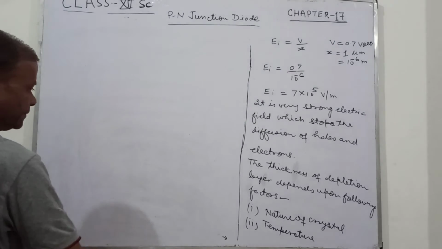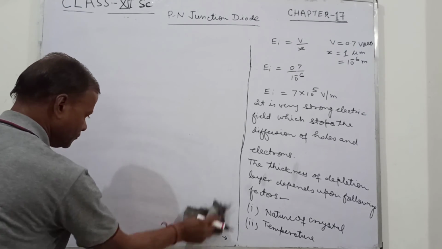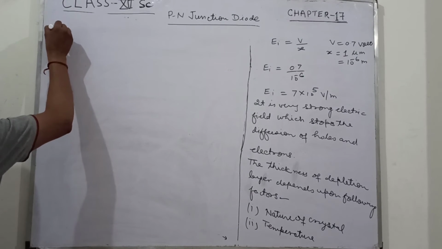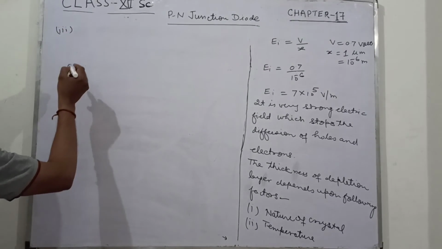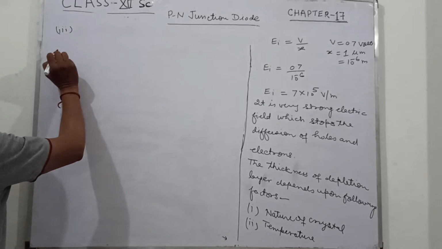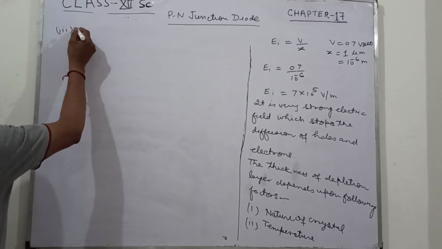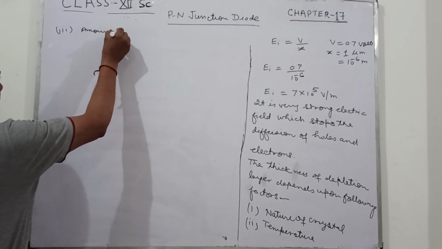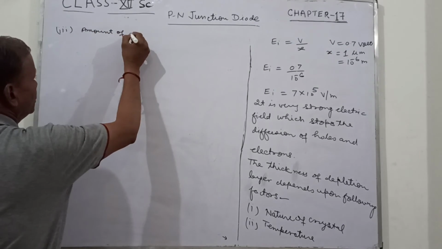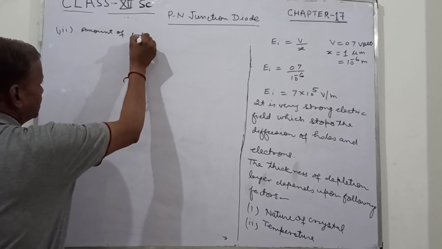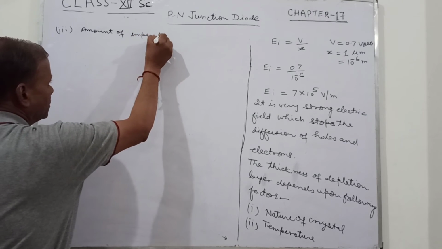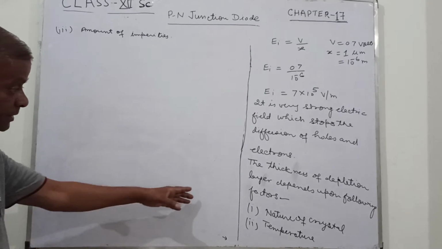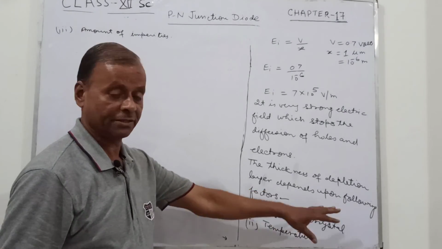And number three, amount of impurities. These factors affect the thickness of the depletion layer.